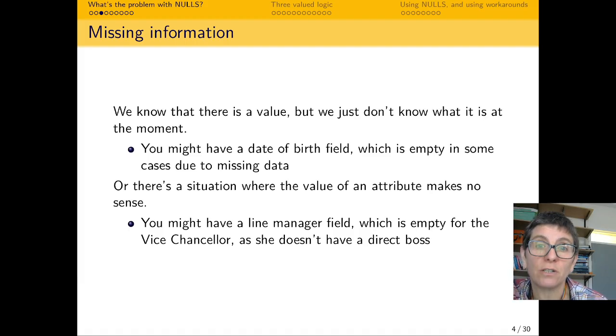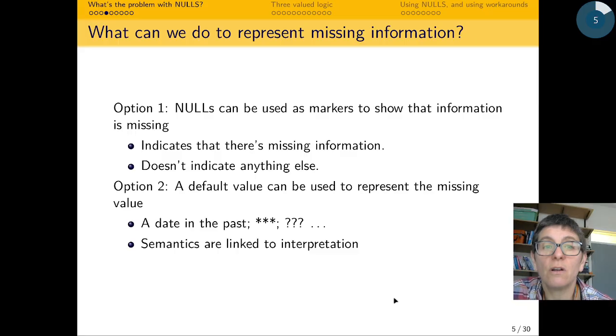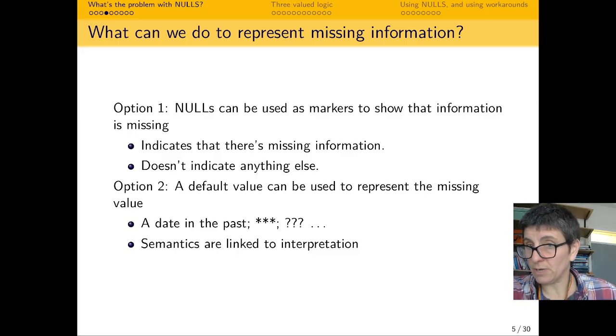So if you've got a database where every employee has got a line manager, it might not be the case for the CEO of the company or the vice chancellor of the university. So either there's information, we just don't know what it is, or it's not appropriate to have a particular piece of information in a particular situation because it's not actually making sense.